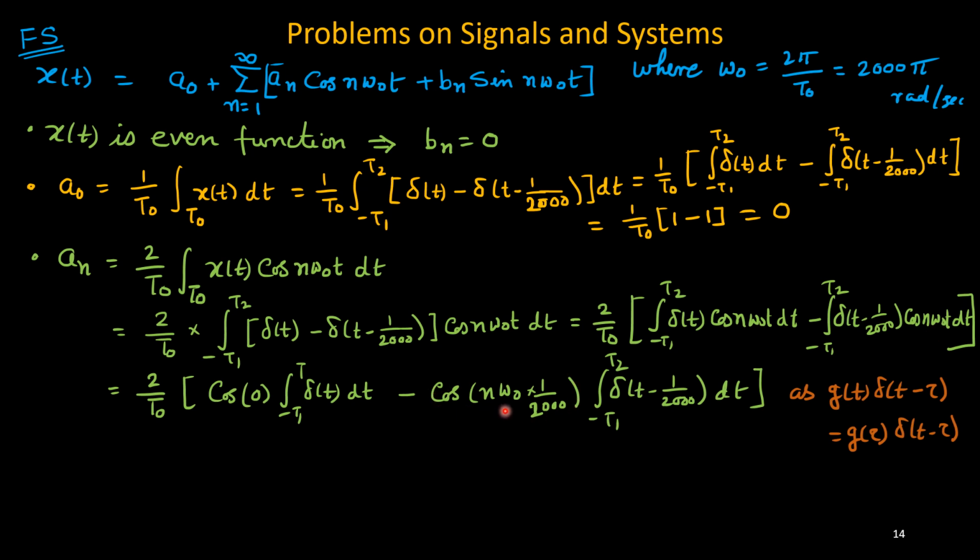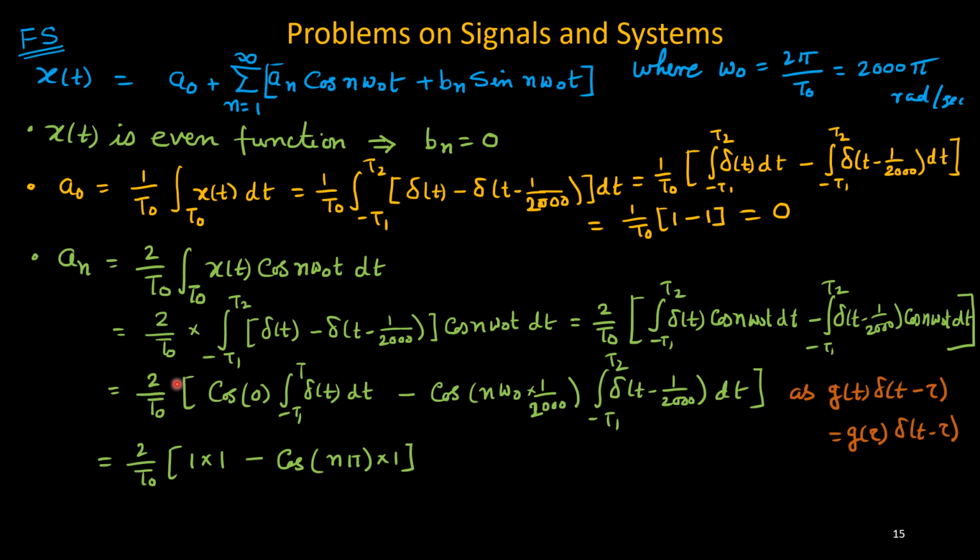I write cos(nω₀ times 1 upon 200) outside, and then I can integrate only δ(t − 1/200) dt. Now it is very simple, because the integration of δ(t) is always 1, this is also 1, and this is also 1. That we have already discussed. Now cos of 0 is 1, and cos(nω₀/200) we need to compute, and we will continue.